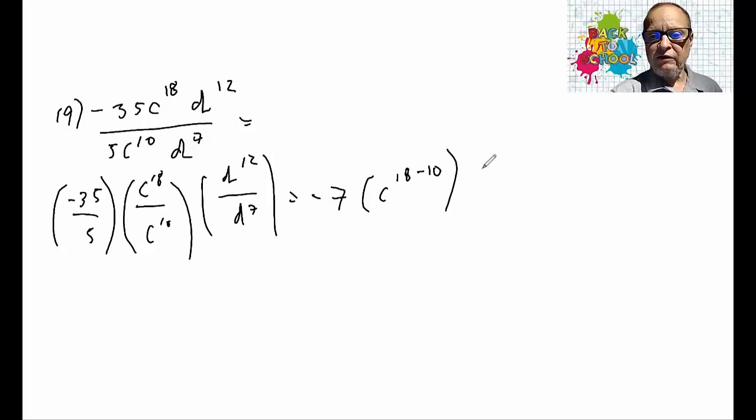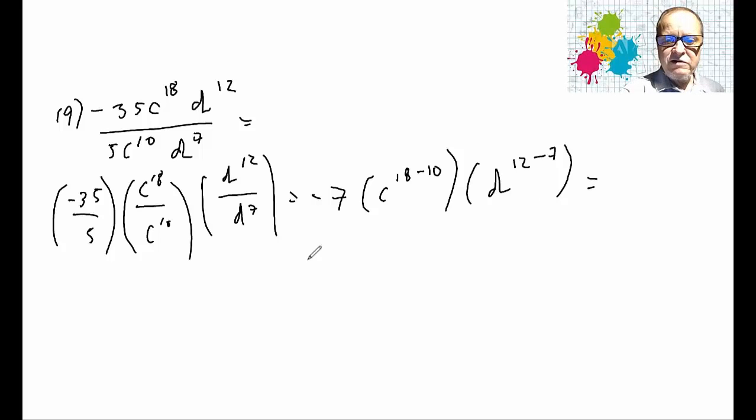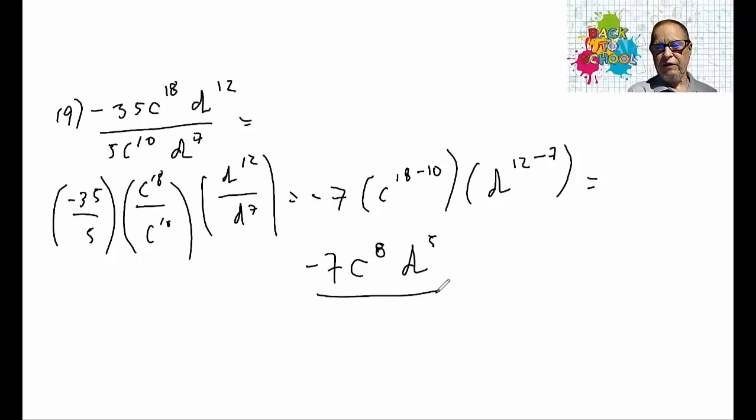And then we get d, 12, minus 7. And then we continue to get negative 7. 18 minus 10 gives us c to the 8th. And then 12 minus 7 will give us d to the 5th. And that's our final answer.